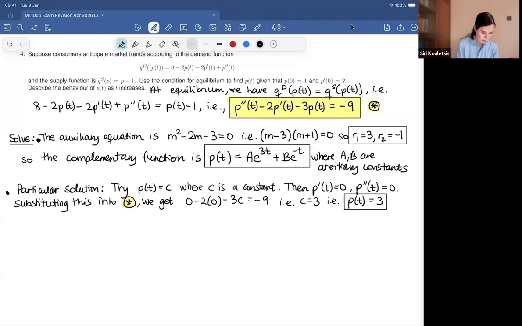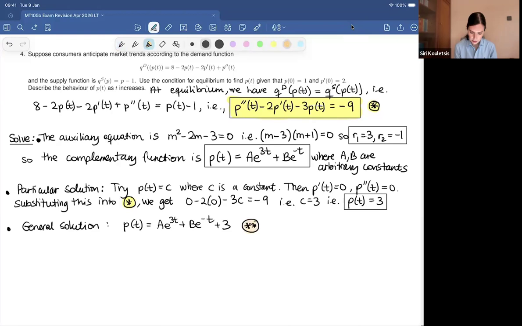Now we've learned then that the general solution is simply the complementary function plus the particular solution. Let's call this equation a double star, something like that. And again, A, B are arbitrary constants.